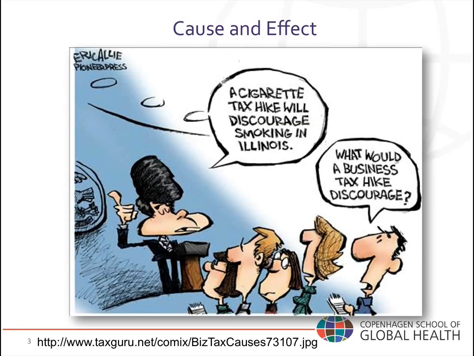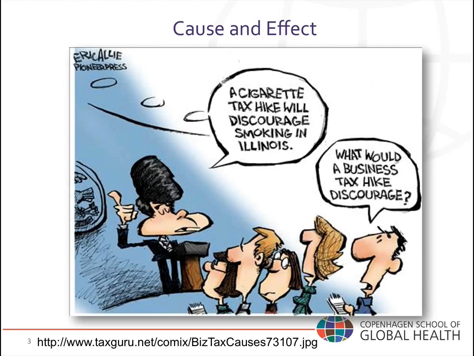This cartoon is actually illustrating something very nicely. The guy is lecturing there and saying a cigarette tax hike will discourage smoking in Illinois. So a cause and effect he's postulating, and somebody is even extrapolating it to what a business tax hike would discourage in return, assuming that one relationship can then also be applied to the other one.